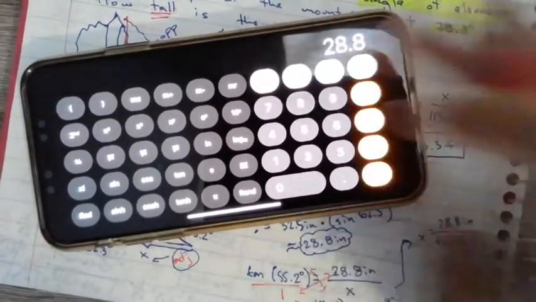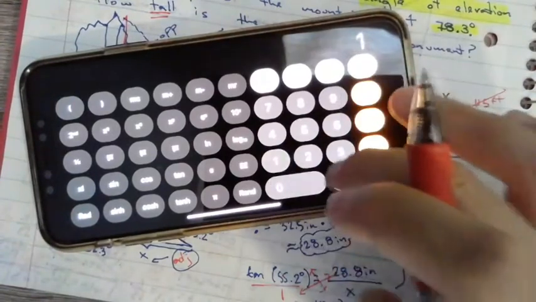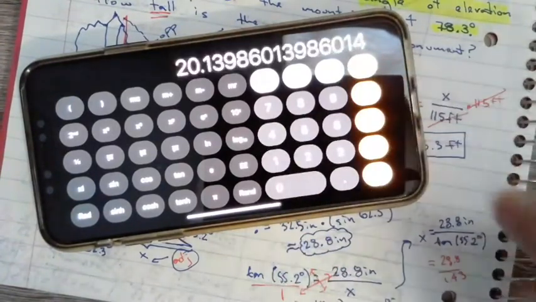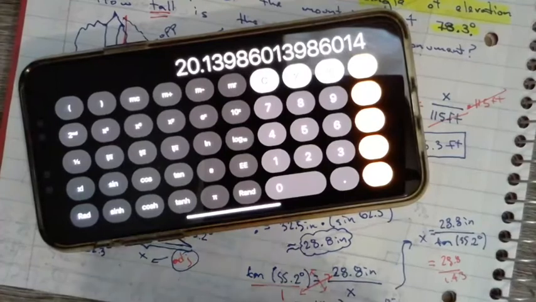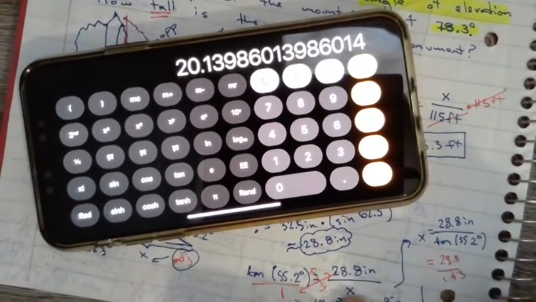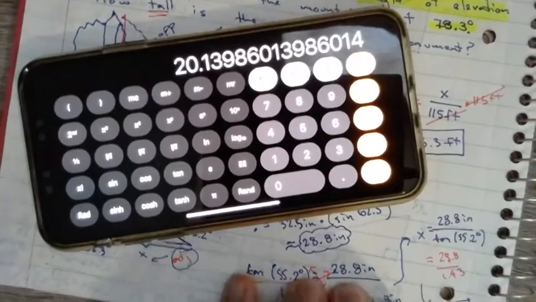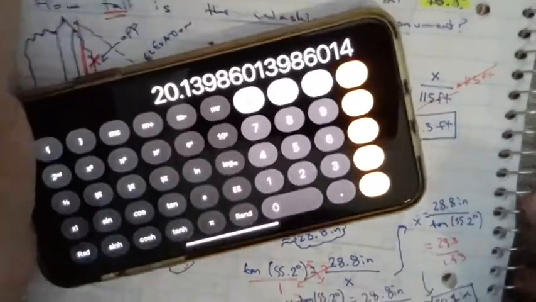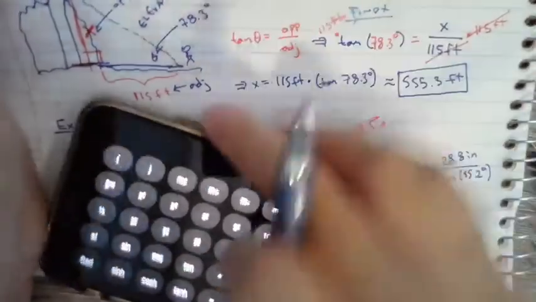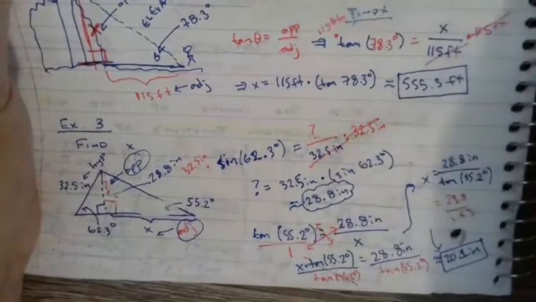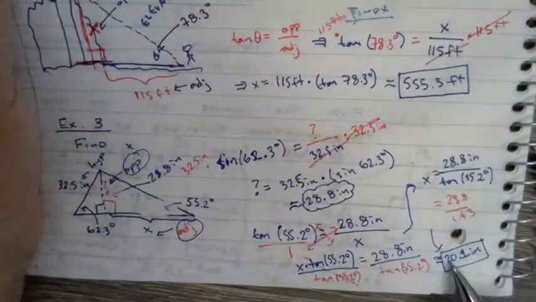That should give you about 20.1 inches. Just bring it up a little bit more. So you should get about 20.1 inches.